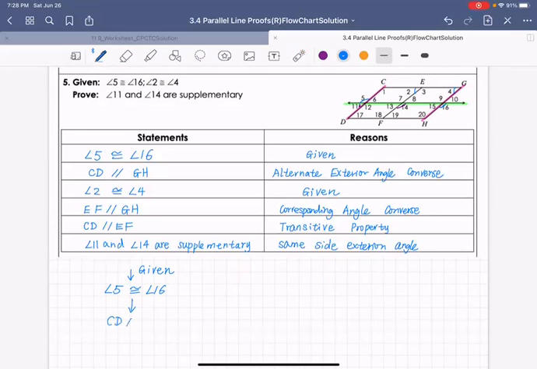CD parallel to GH because? They're alternate exterior converse. This is because these two lines and this transversal, this is alternate exterior, okay? Number 1 is on two different sides. Number 2 is on outside, so it is called alternate exterior.